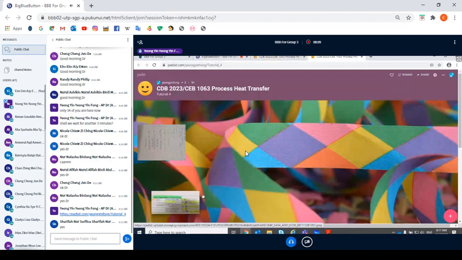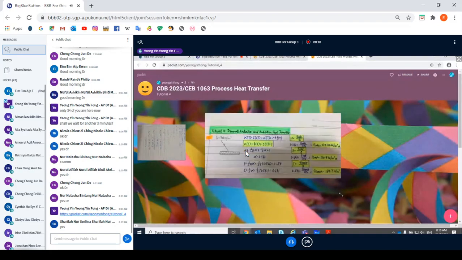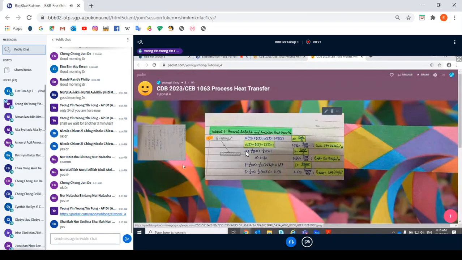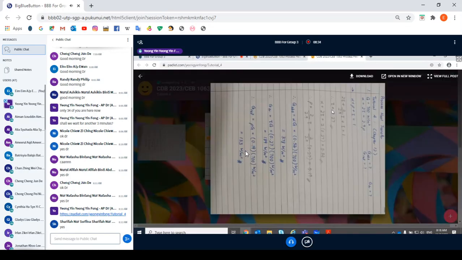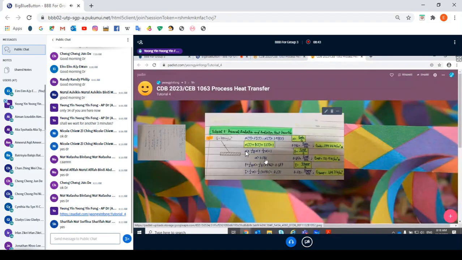Let me check. I can remember this writing. I think this one is Benson, isn't it? You can see this one as well. Yeah, 0.27, the transmissivity. Benson starts with calculating the absorptivity, and then the transmissivity is 0.271.